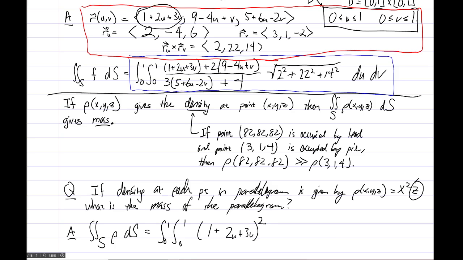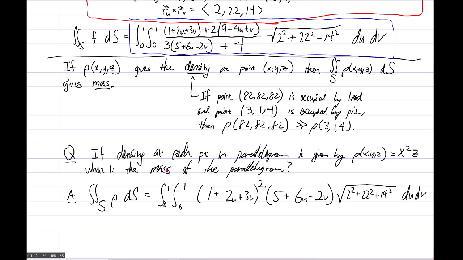And z gets replaced with the quantity 5 plus 6u minus 2v. Then we just need to end with the magnitude of the cross product times du dv. So we have the square root of 2 squared plus 22 squared plus 14 squared, and then du dv.